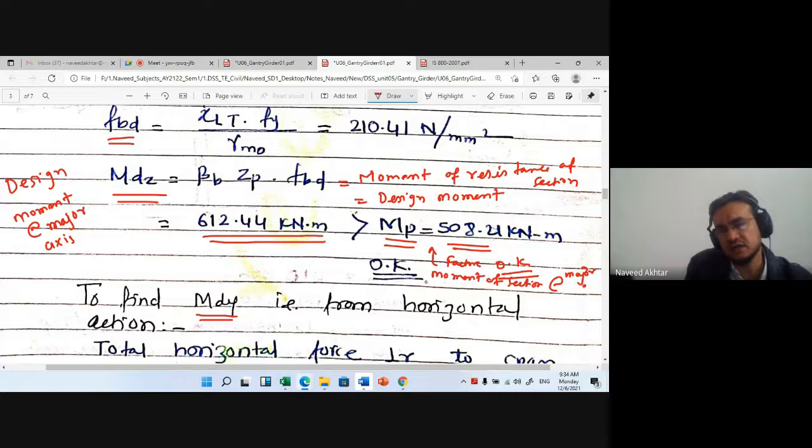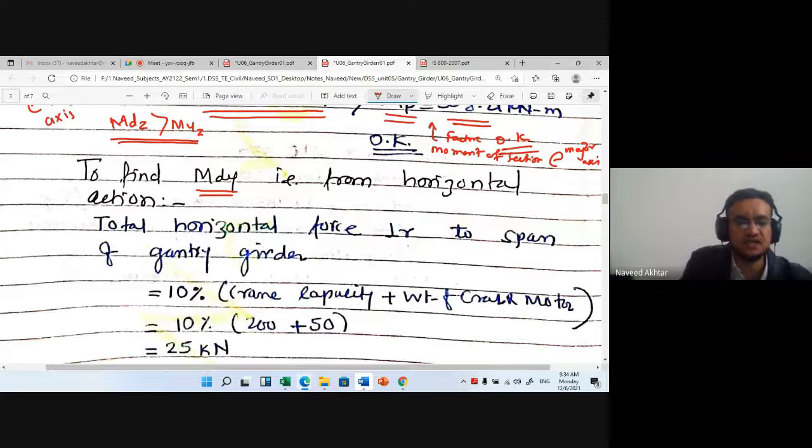So this value is greater, and therefore we say that MDZ is greater than our MUZ about the major axis. So you can say that this is safe. Now in the other axis, that is about minor axis, we have to check.